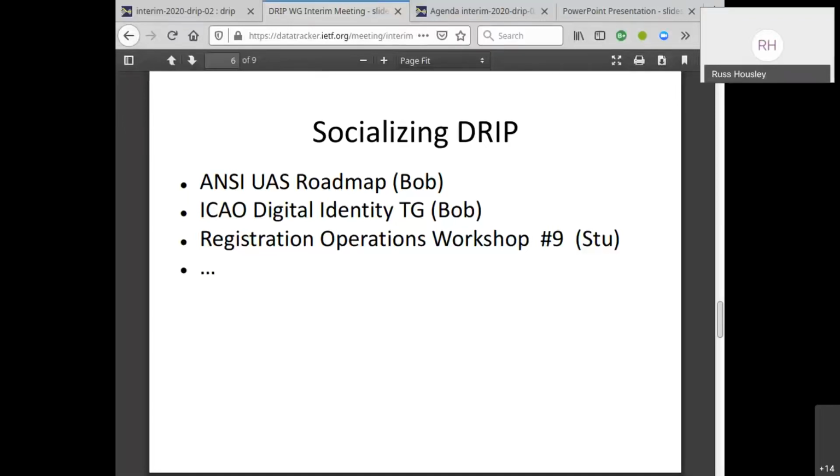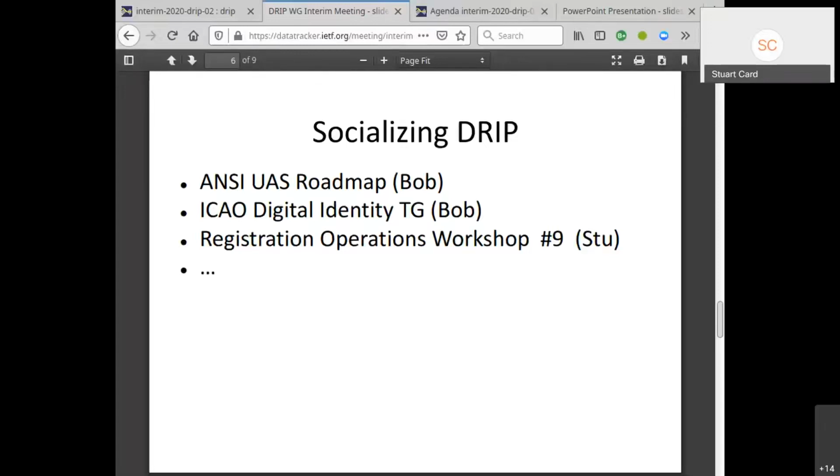Thank you. Third bullet, do you want Stu to go on with the registration operations workshop? Okay, so I got an email back just after midnight from the organizing committee saying that ROW number 9 has accepted our abstract, and we need to confirm our final title by tomorrow, and they would like to give us a total of a 20-minute time slot, including both the presentation and the Q&A.